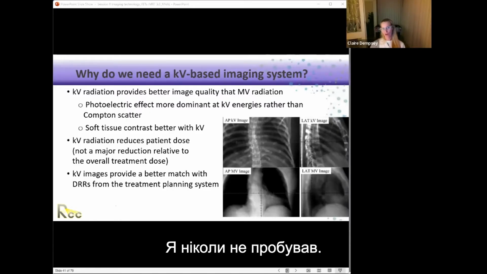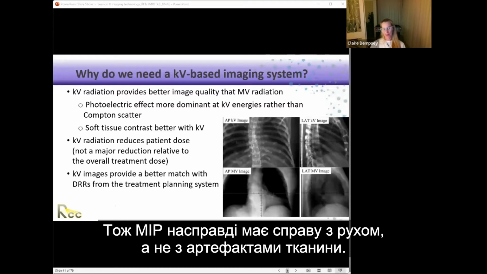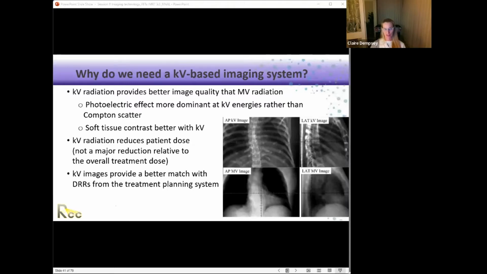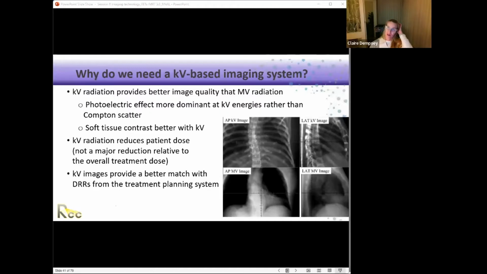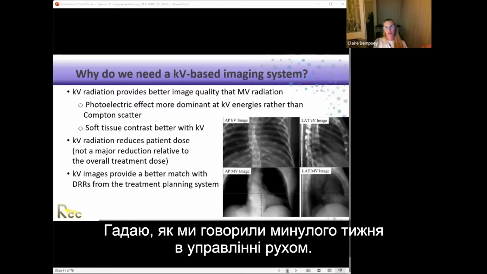I've never tried that. MIP is really to do with motion rather than tissue artifacts. So you'd use an MIP, I guess, like we were talking about last week in motion management.